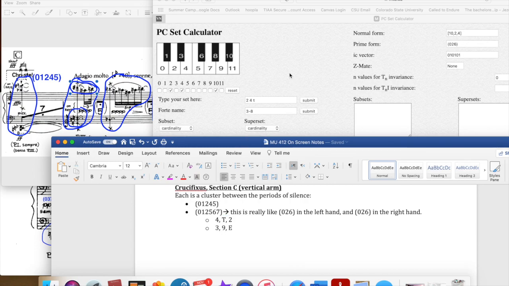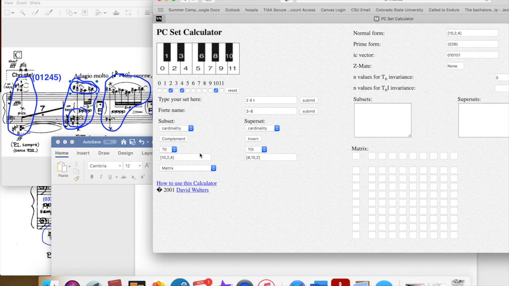Okay. Anyway, so let's see what we have to do. 10, 2, 4 is its normal form. Let's see what we have to do to end up with 3, 9, and 11 over here. 3, 5, and 11. 3, 7, 9. 5, 9, and 11.